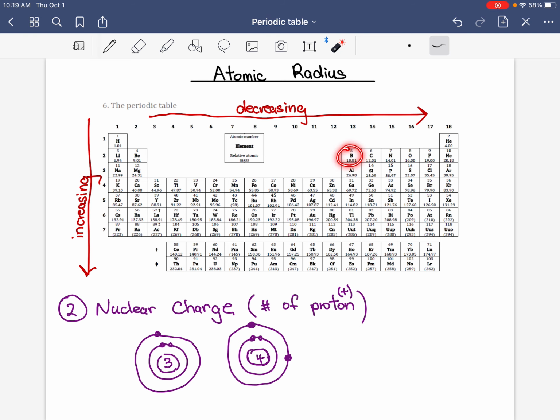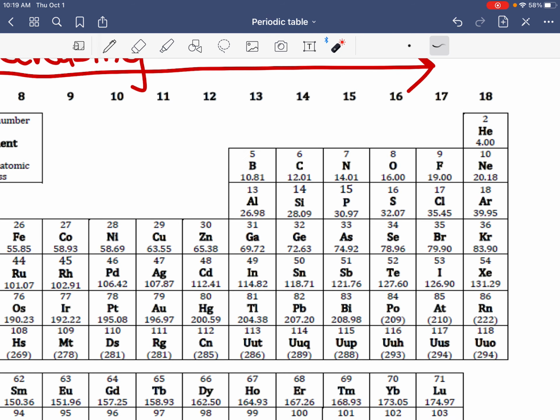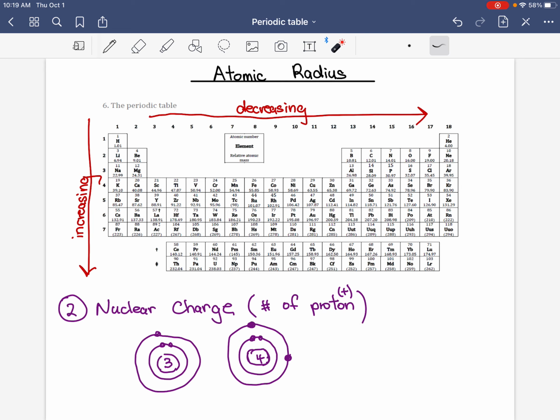Let me just blow this up right here. It's going to get bigger and bigger. Which means, think about magnets as an example, you're getting a stronger and stronger positively charged center, sucking the electrons more and more inwards.